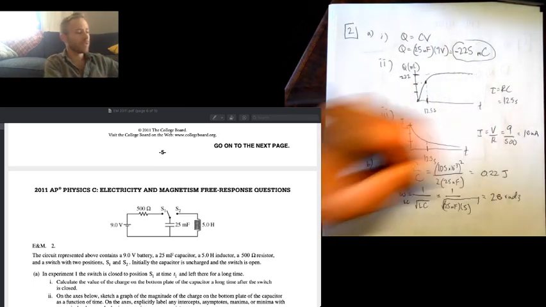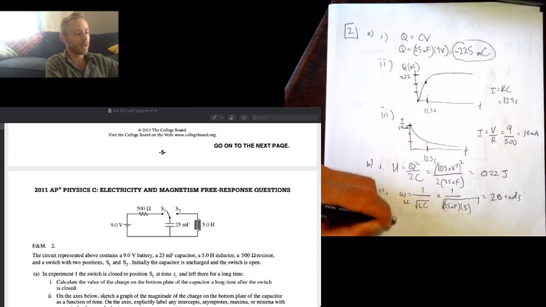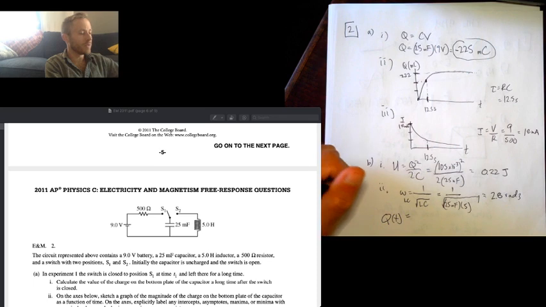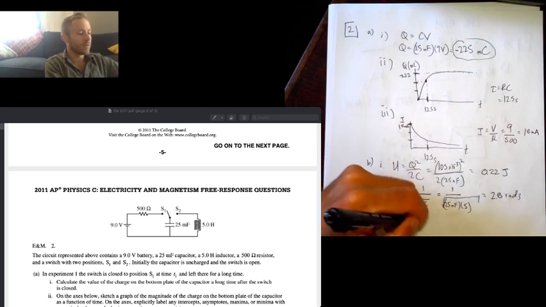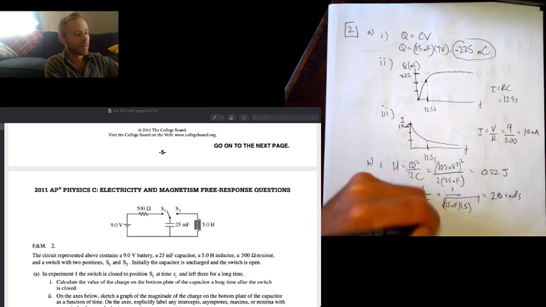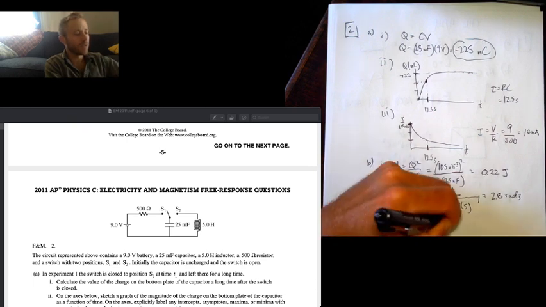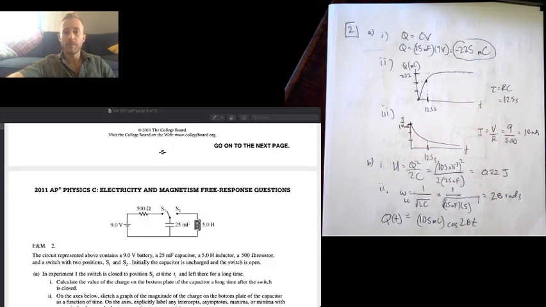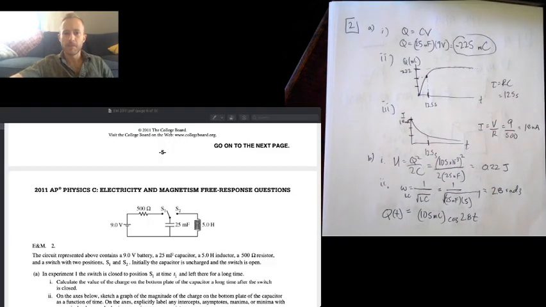So the charge as a function of time across the capacitor is going to be 105 millicoulombs times cosine of 2.8t. We're going to use that.